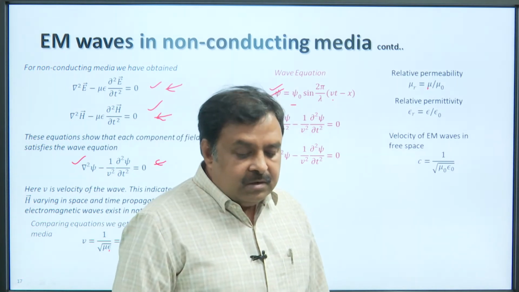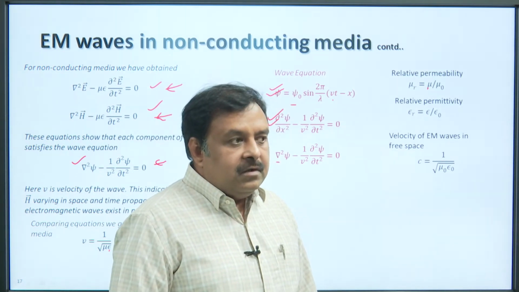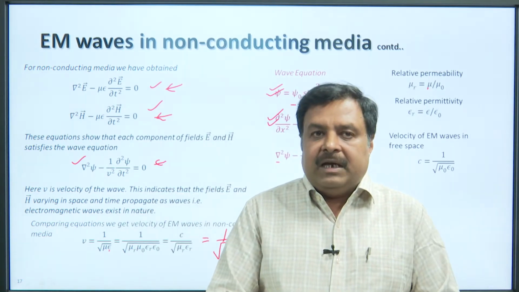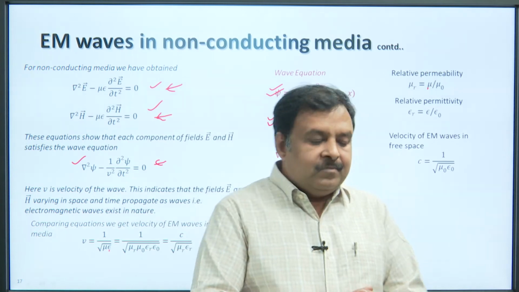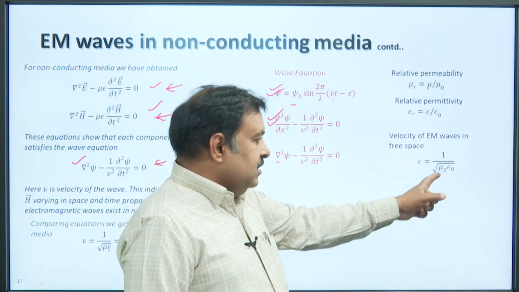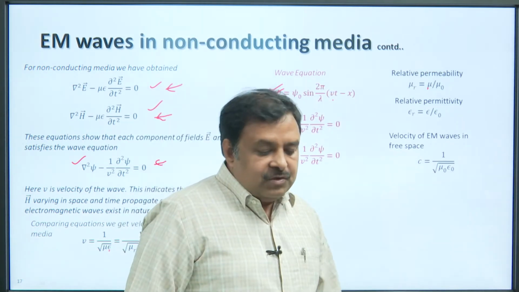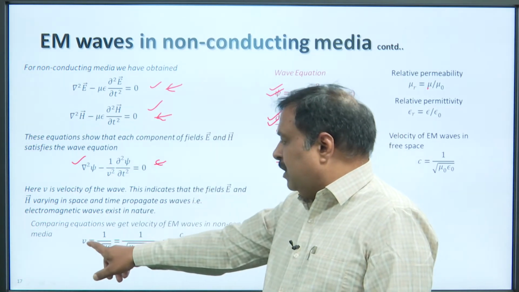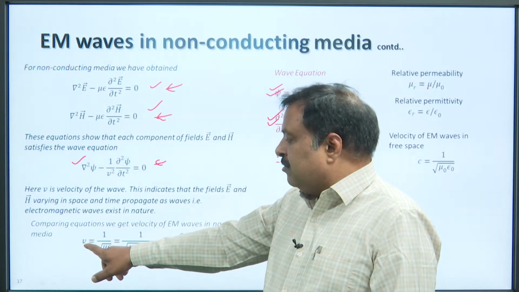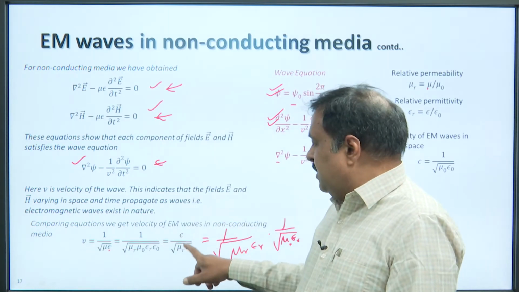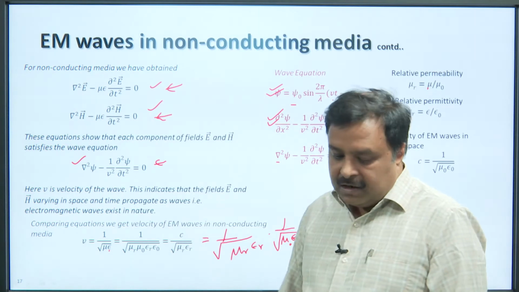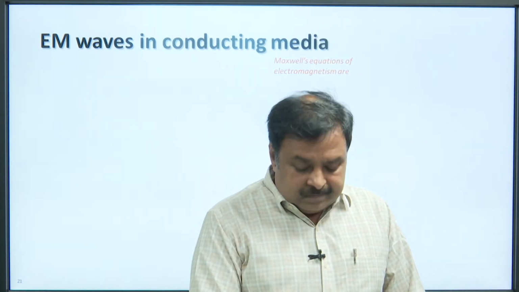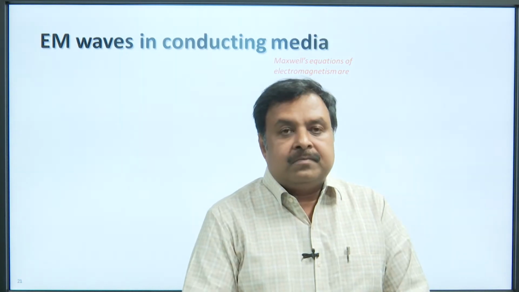This was derived when we learned propagation of electromagnetic waves in free space. So, this is c, the velocity of light in free space. So, I have the velocity of an electromagnetic wave in a medium as c by square root of mu r epsilon r.